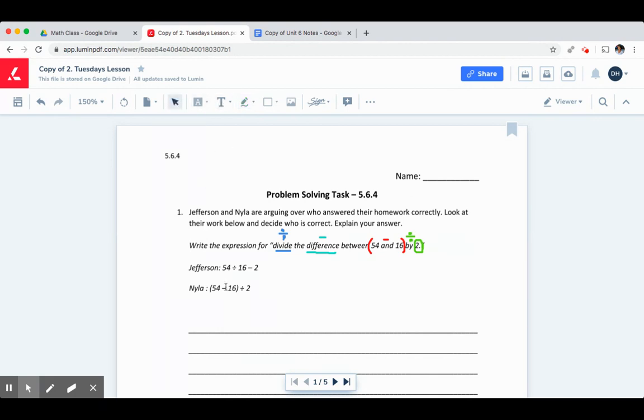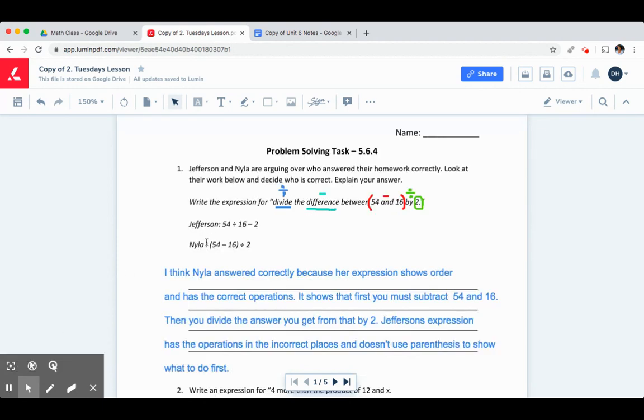So what did you guys think about Jefferson's and Nyla's work based on everything we've talked about? Who was correct and why? So for this first problem, Nyla is correct because her expression does what we call showing order. Her expression shows you what you need to do first because she used parentheses to show priority.